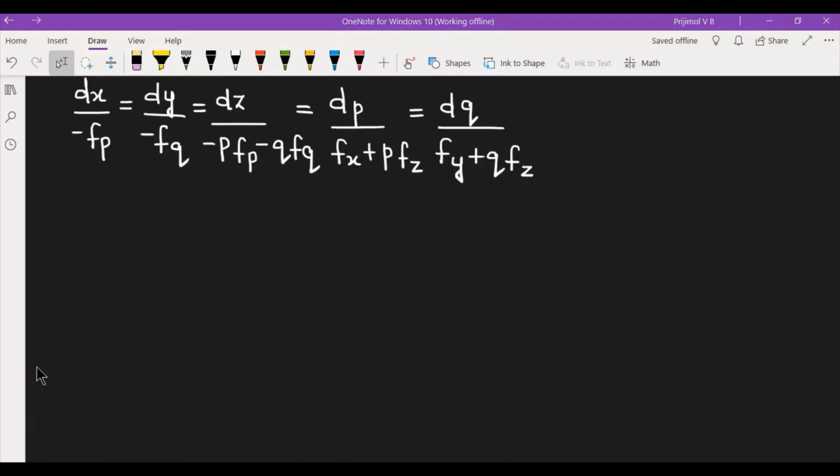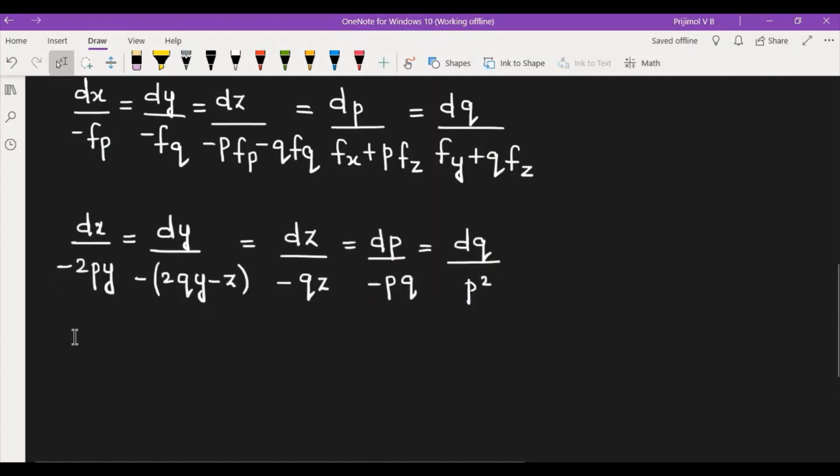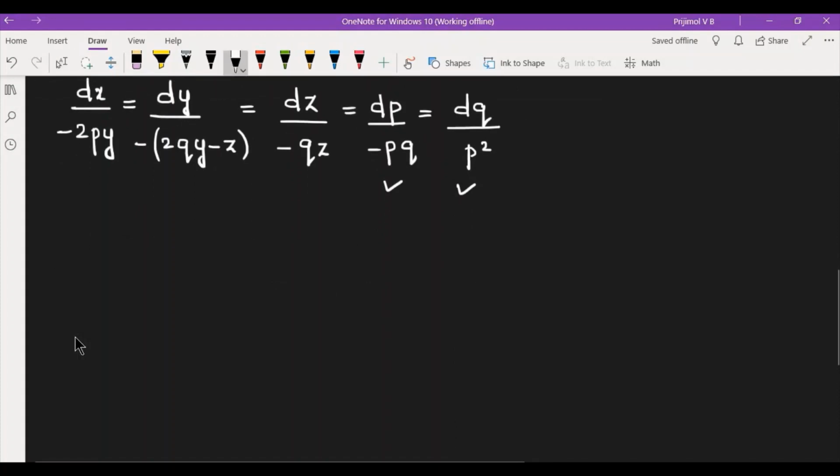The auxiliary equation now becomes, now we have to solve for p and q in terms of x, y, z using any of these ratios. I am going to use the last two ratios. Simplify this further, cancel the common terms.